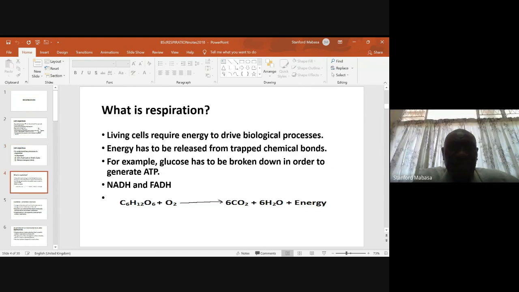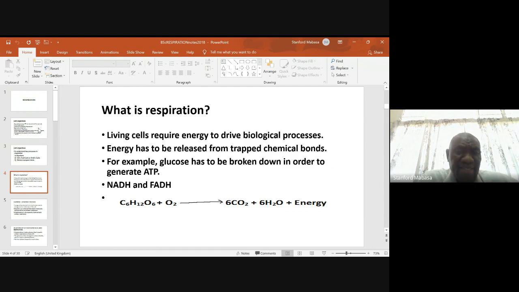So what is respiration? Living cells require energy to drive biological processes. Energy has to be released from trapped chemical bonds. For example, glucose has to be broken down in order to generate ATP, which is the energy required for growth and other functions within the cell.